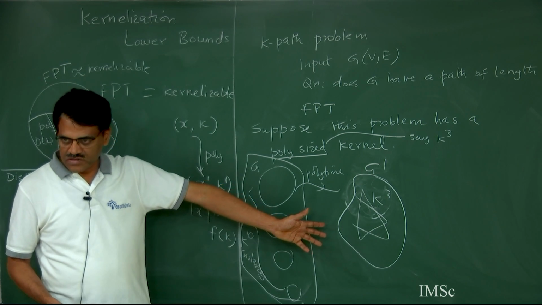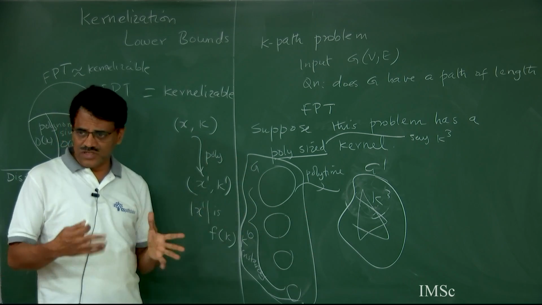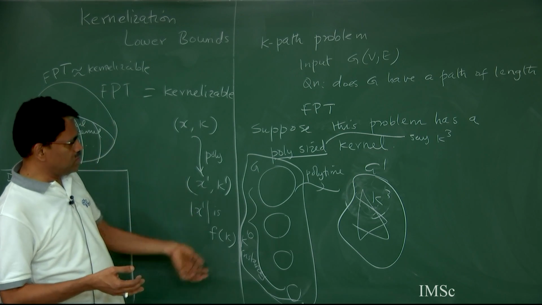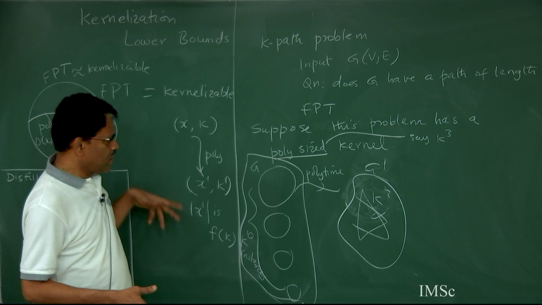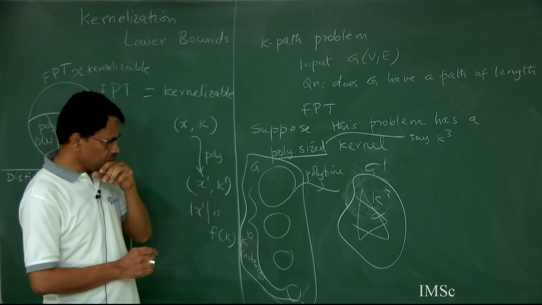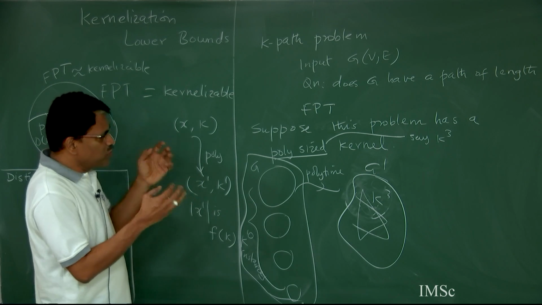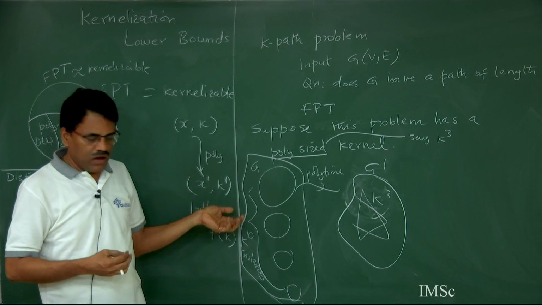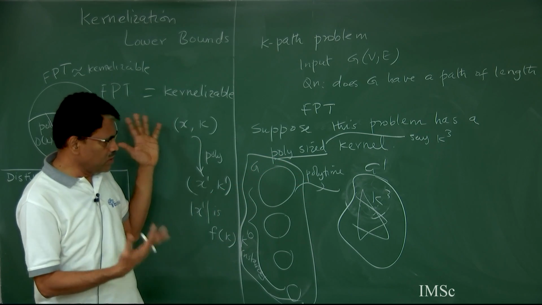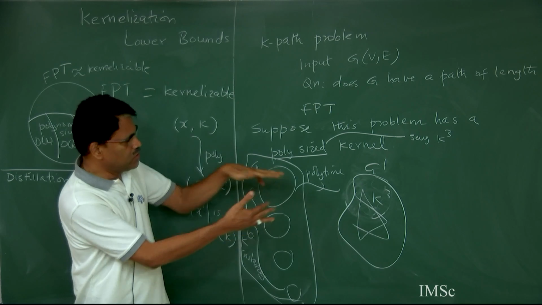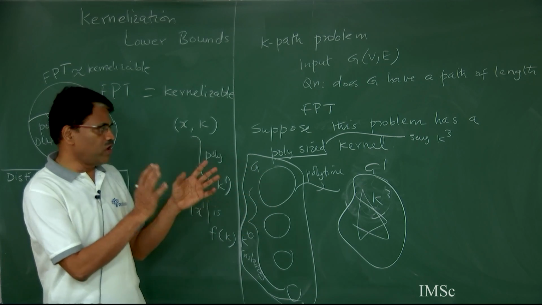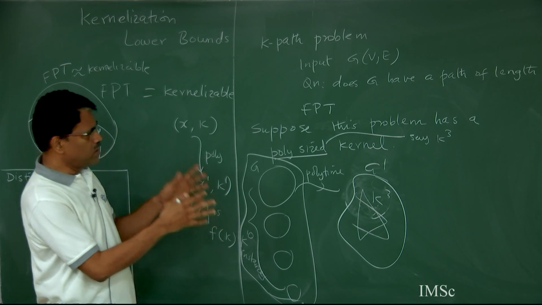So, this seems counterintuitive, that you have lost information about these instances of graphs and you have compressed it to a small size. Because this compression should encode which instance has a path of length k, and there are lots of instances. Somehow encoding all of this into this thing seems too much. Now, this is what we are going to model formally and argue.